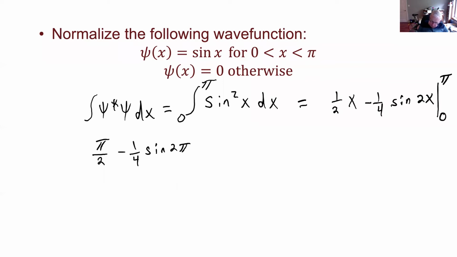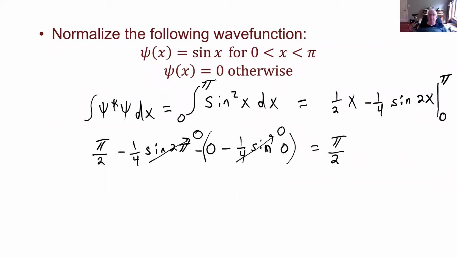And then I get minus 0, and minus 1/4 sine of 0. Sine of 0 and sine of 2 pi are both themselves 0. So those go away. And that means all that is equal to pi over 2, okay?